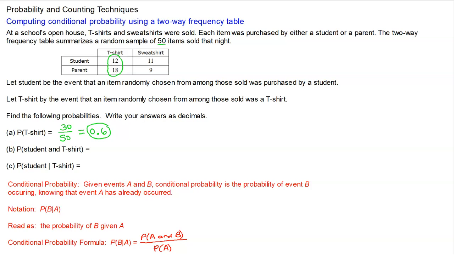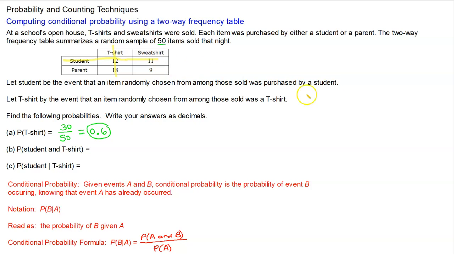All right, now part B, they want the probability of both student and t-shirt. So when we go back and take a look at part B, what we're looking for now is we're not looking at just students and we're not looking at just t-shirts.